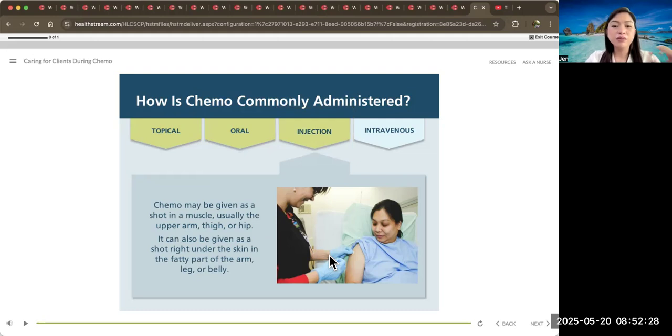Injections. Chemo may be given as a shot in a muscle, usually the upper arm, thigh, or hip. It can also be given as a shot right under the skin in the fatty part of the arm, leg, or belly. So in this clinic, in my oncology unit, I have a patient who needs hormonal therapy.